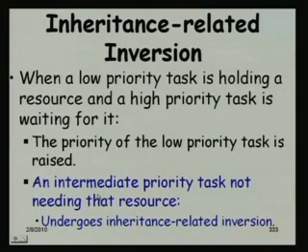Now, because the low priority task is executing at a higher priority, an intermediate priority task not needing any resource will undergo inheritance related inversion, because it should have continued, since it should have got preference over that task. It is not able to execute just because that task's priority has been raised.